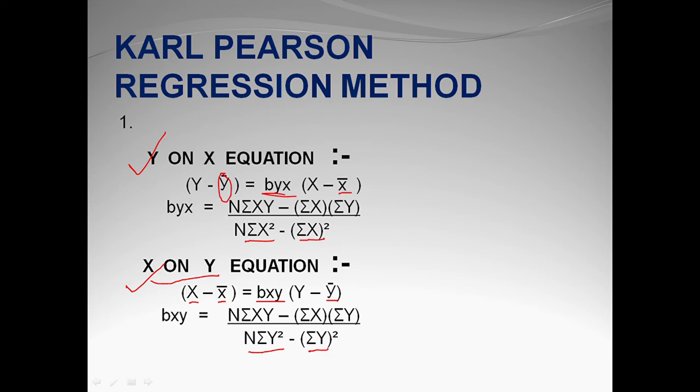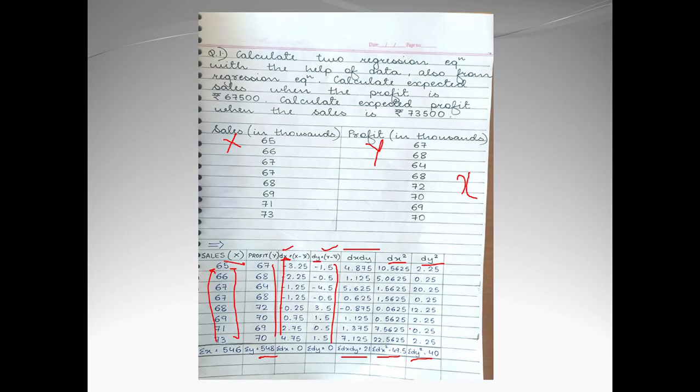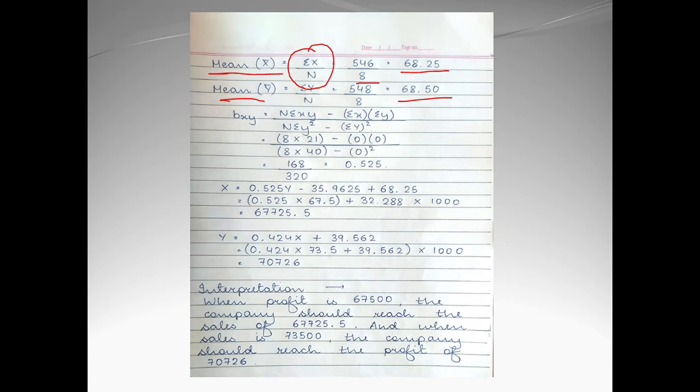And the extra thing which we have to calculate is this bxy. So we'll calculate the bxy. Here I have calculated the bxy. Now the formula of bxy is n. Now here our n is 8.